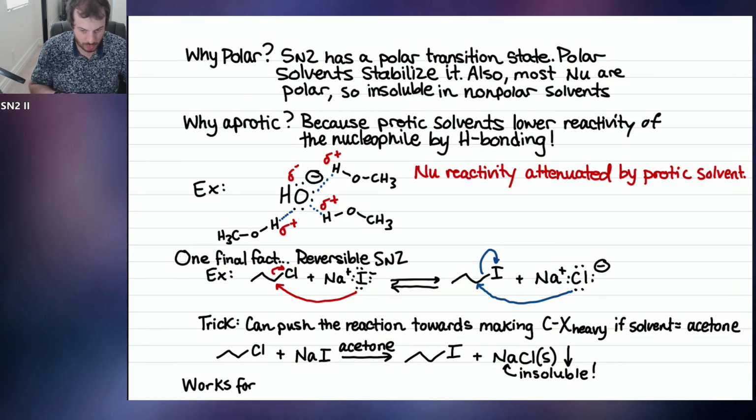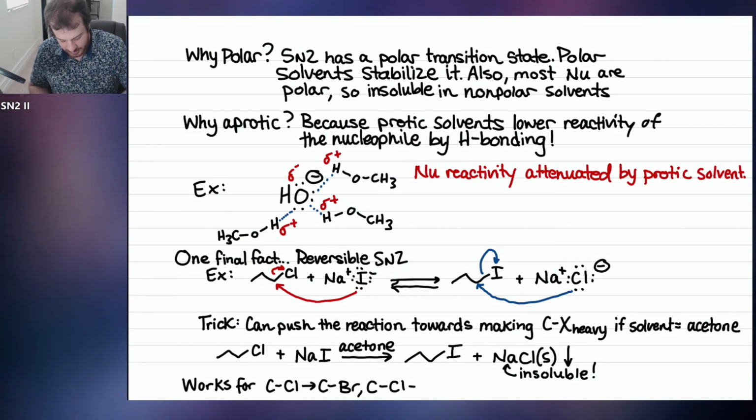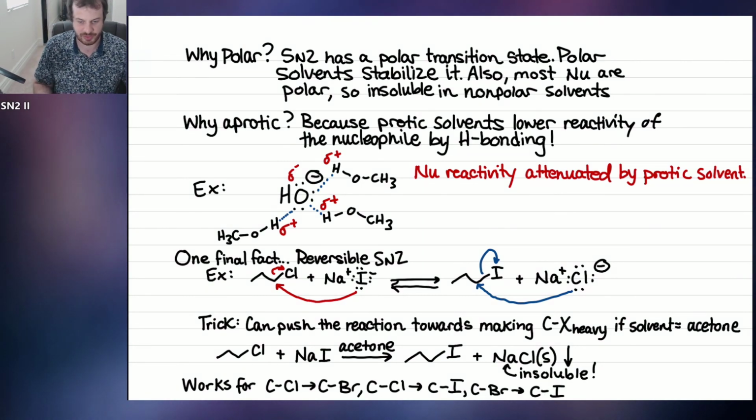So it works for C-Cl to C-Br. It works for C-Cl to C-I. That's what we just did, turn a chloride into an iodide. And it works for turning a bromide into an iodide as well. So as long as you want to go in the heavier direction, from chloride to bromide, from bromide to iodide, or from chloride all the way to iodide, this reaction will work.